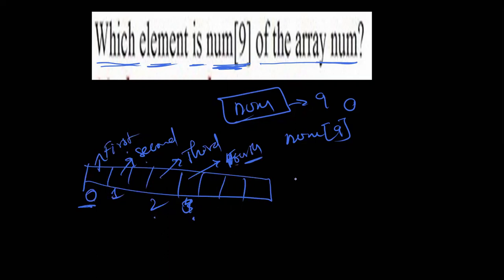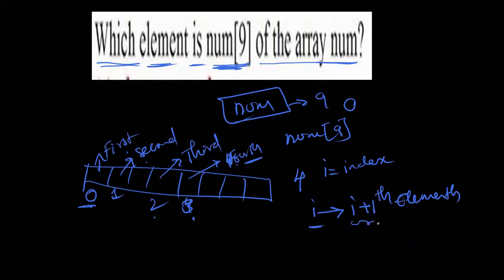If I is an index, it contains the I plus 1th element. If I is equal to 0, then 0 plus 1 means the first element. Okay, first element.